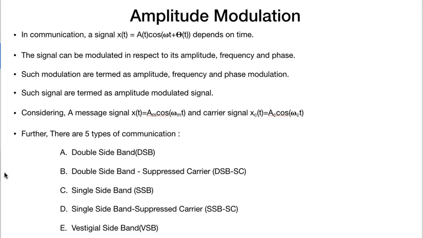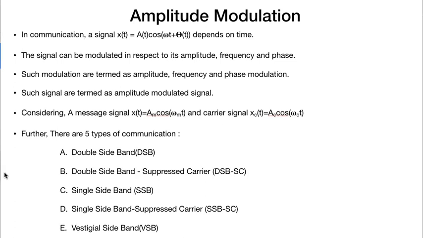Such signals are termed amplitude modulated signals if their amplitude is being modulated with the message signal. Now consider a message signal x(t) equal to Am cos(omega m t) and a carrier signal xc(t) equal to Ac cos(omega c t).